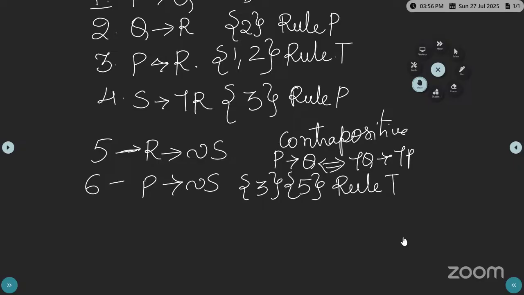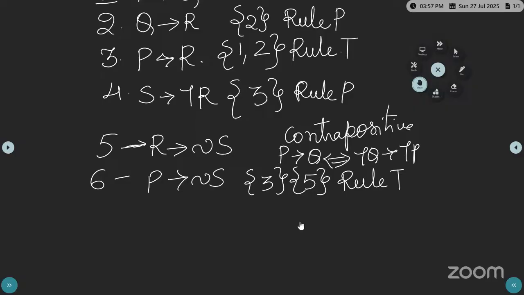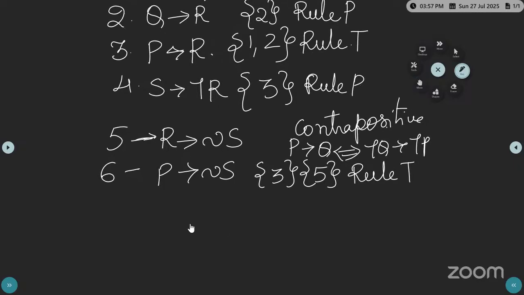Go ahead. Tell me, what should we do next now? Can we do something here? According to the formula, P implies Q is written as negation P or Q. Here you write down, as per P implies Q, negation P or Q. So it becomes negation P or negation S. So where does this come from?